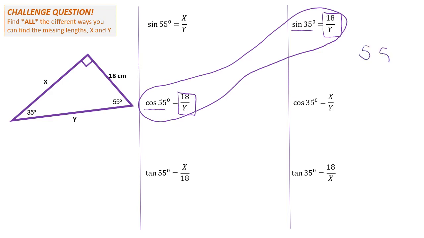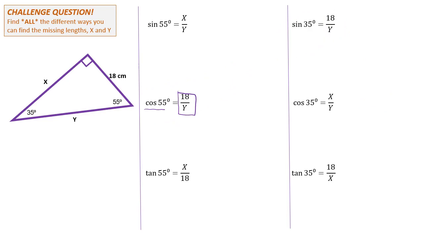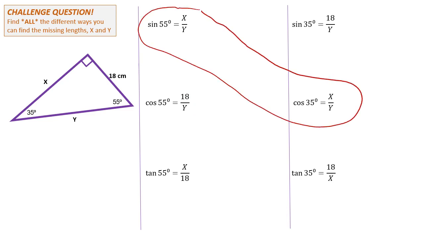And I just want for you to notice real quick that 55 plus 35 equals 90 degrees. I also would like for you to notice that the same thing happens over here. That the sine of 55 and the cosine of 35 both equal x over y.